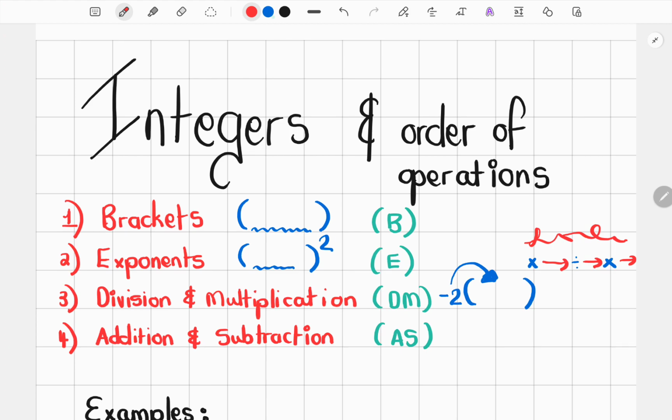And the same with addition and subtraction. If you've got a plus and a minus and a minus and a plus, again, it doesn't mean that you do addition first because it's first in the BEDMAS abbreviation. You work from left all the way through to right.